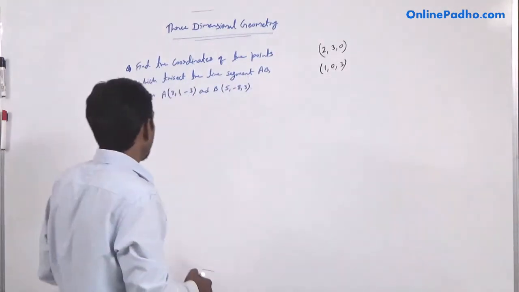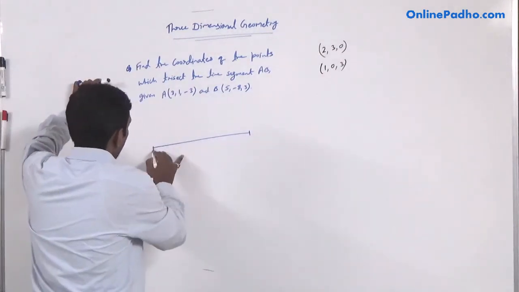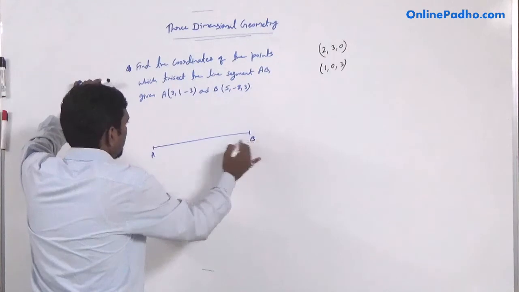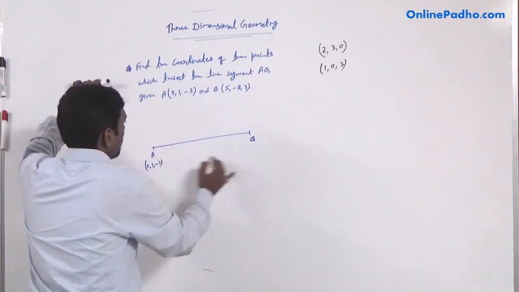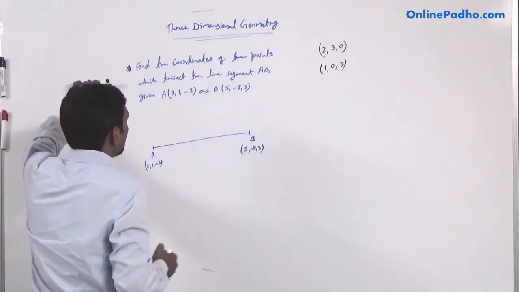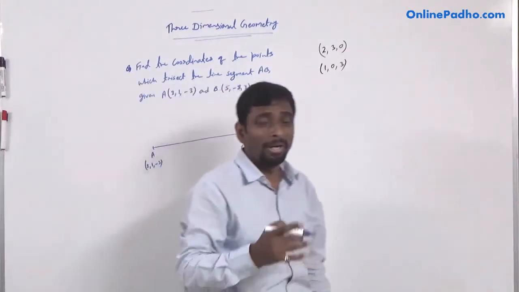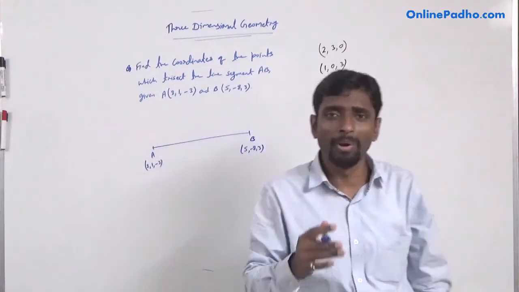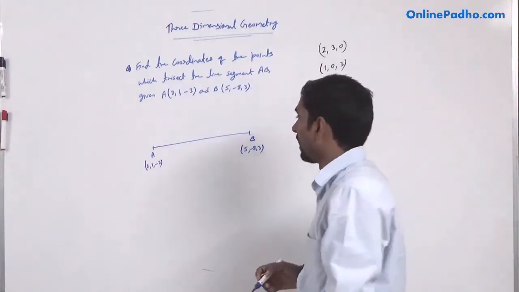Points of trisection means we have two different points in between the points A and B. Let's see, if we have a point A (2, 1, -3) and point B (5, -8, 3), right? So where are the points of trisection in this straight line? Points of trisection means both points divide this line into three equal parts.